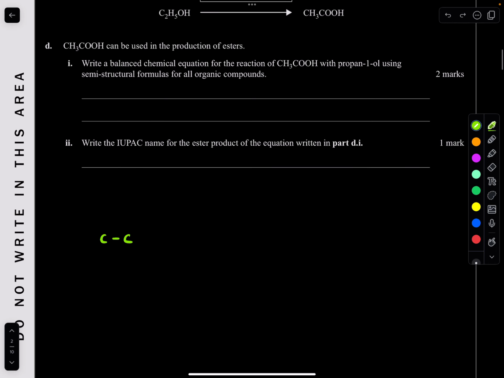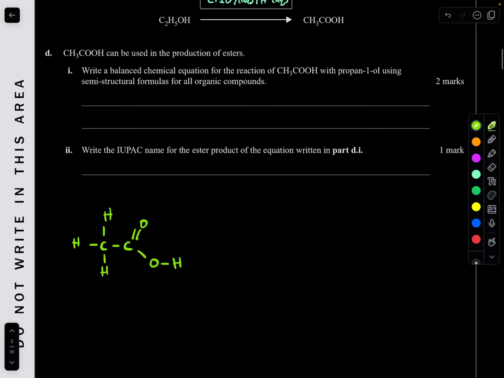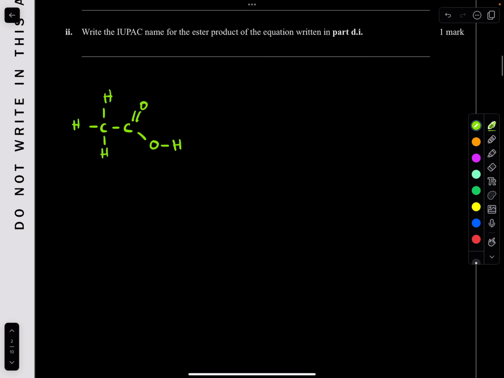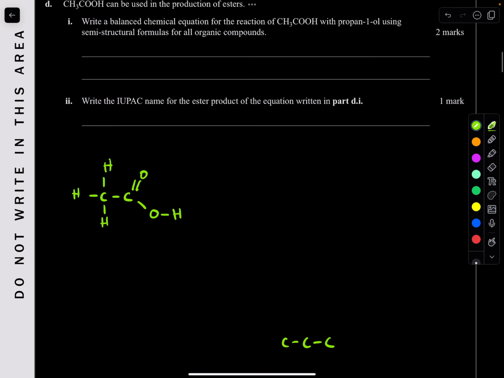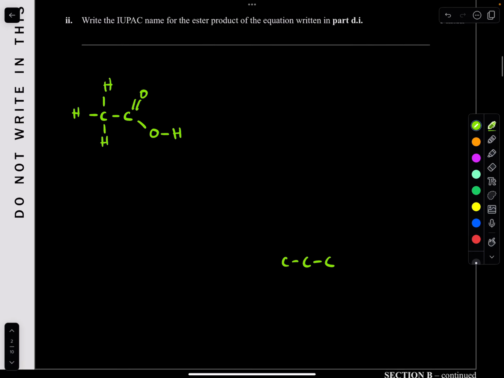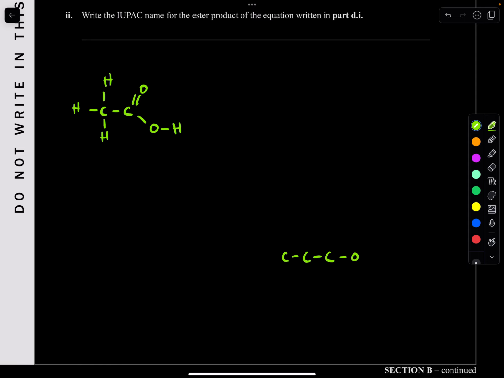So it's going to be CH3COOH, the carboxylic acid with this acidic group, and we're going to react it with propan-1-ol. Propan-1-ol is three carbons, because that's propane, and at position 1 it has an OH group. So it will look like this. Done.